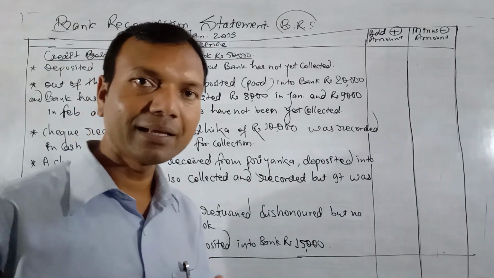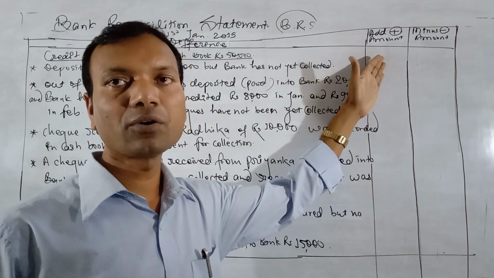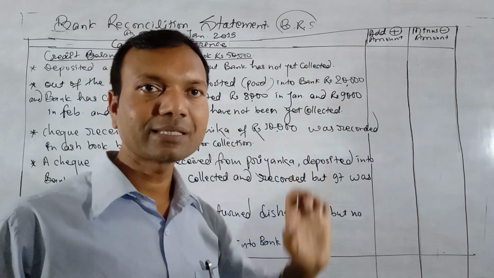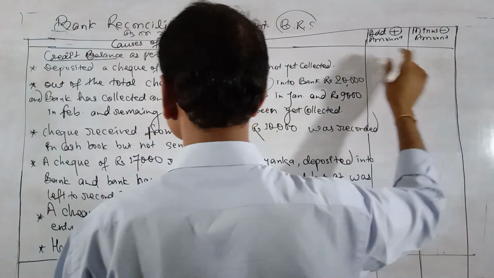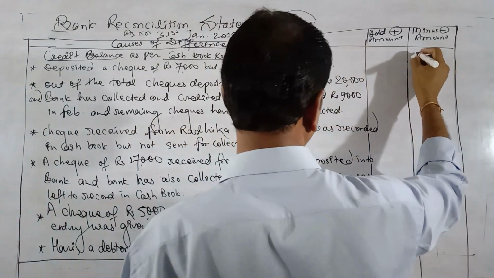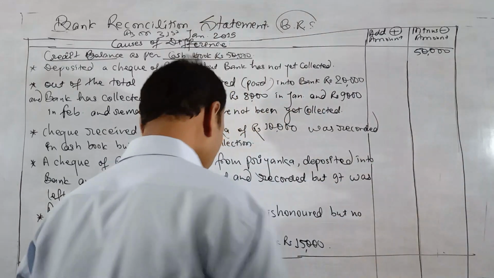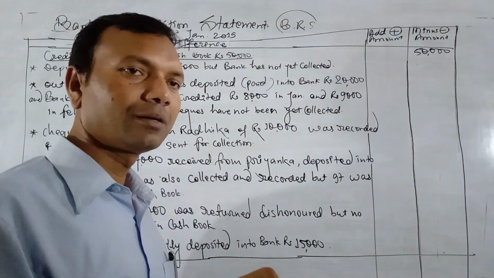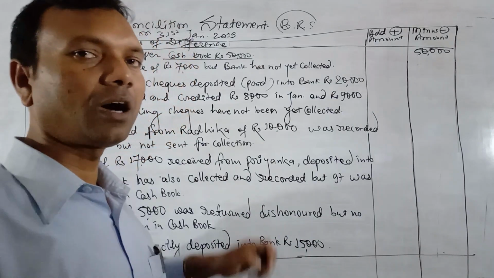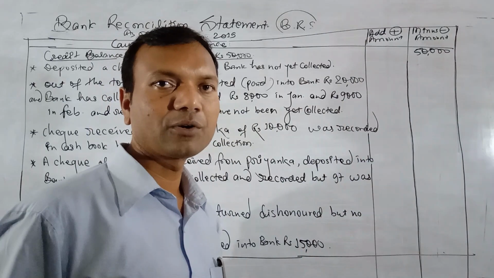So simple balance or favorable balance should be shown in the add amount. But when there is overdraft or unfavorable balance, we have to show it on the minus side. That is of rupees 50,000. When there is unfavorable balance as per cash book or passbook, whatever it may be, we have to show it in the minus amount.